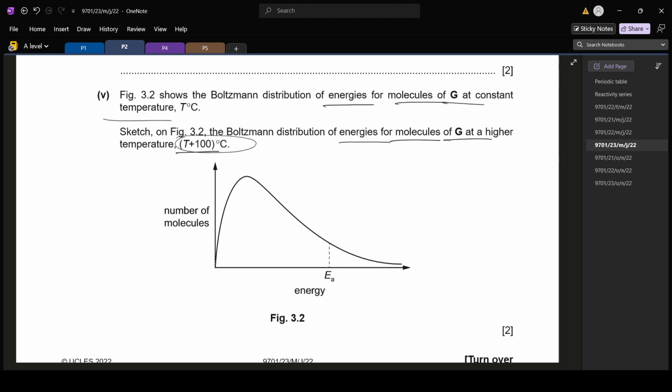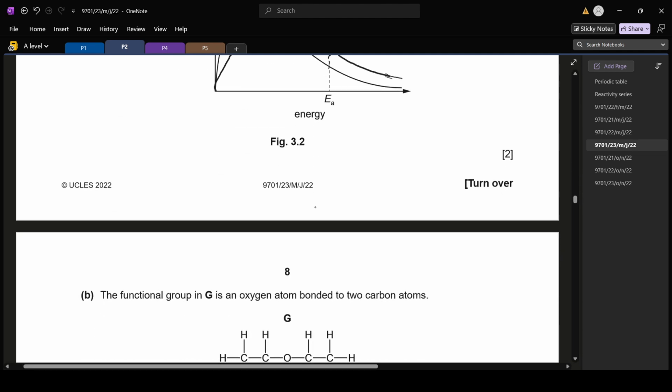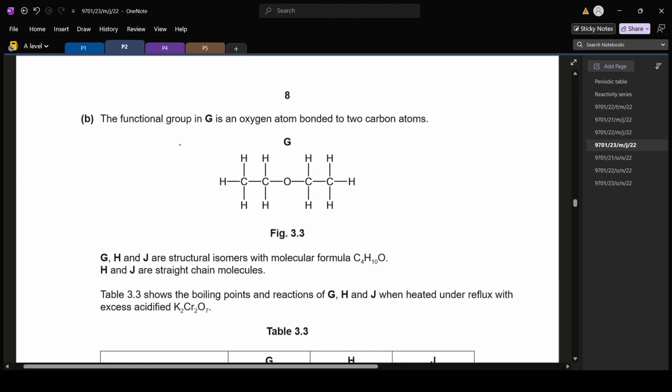Okay, so here the graph will be like this, and here you can draw this. Activation energy will not change, but more particles will have energy greater than activation energy. So the graph will be something like this.